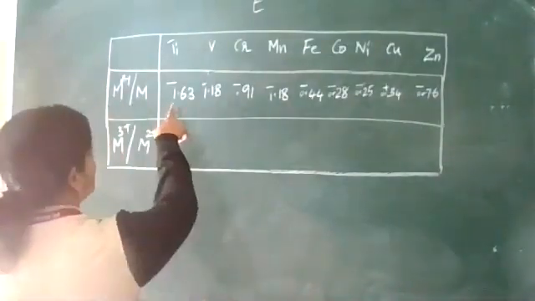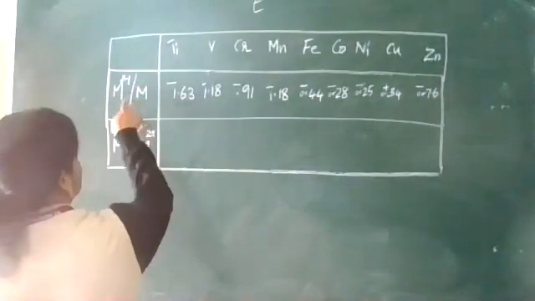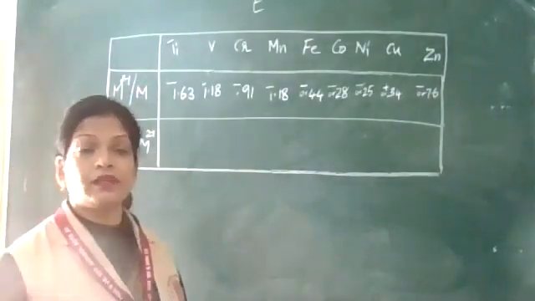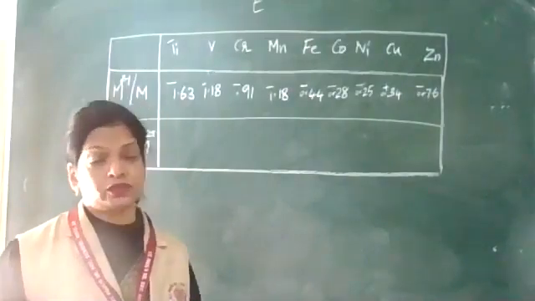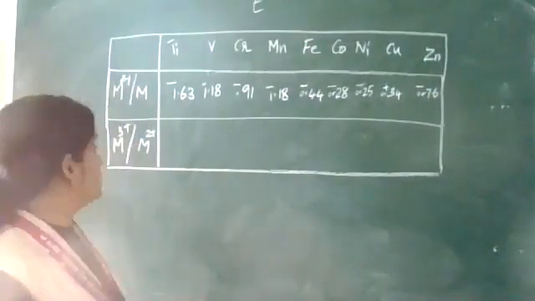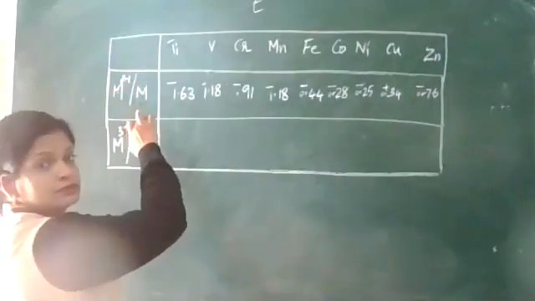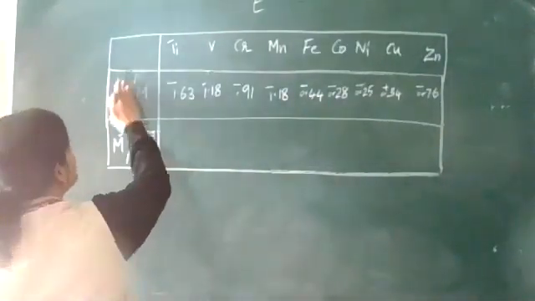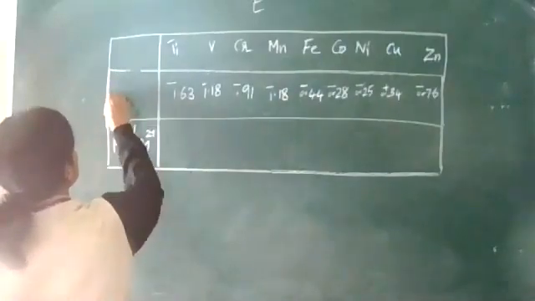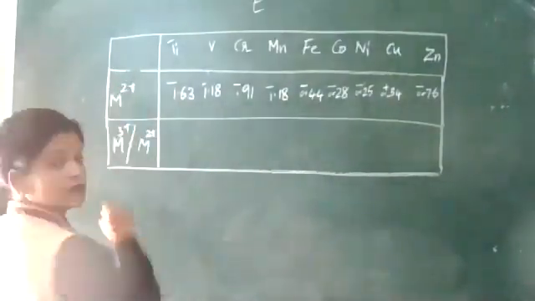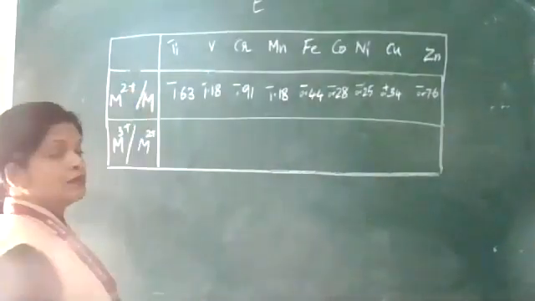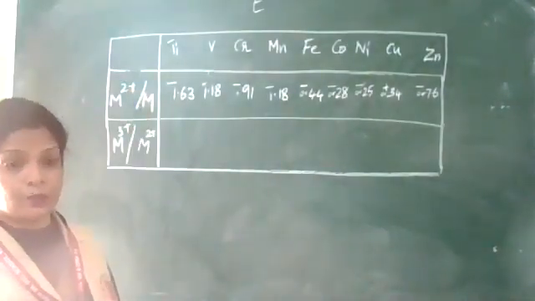Now, this is the E naught value for the element M changing to M2+, that is, whether it will release electrons or not. This is M2+.